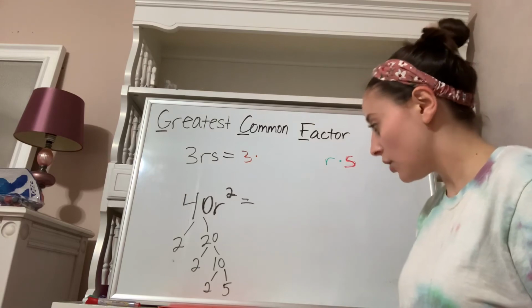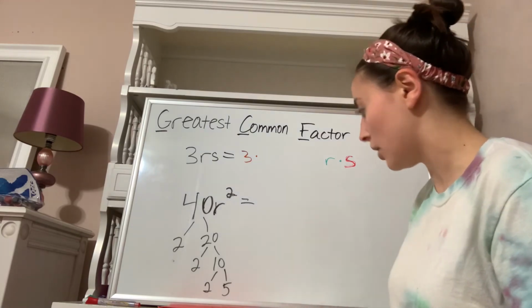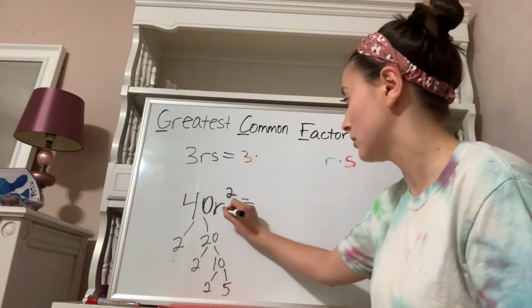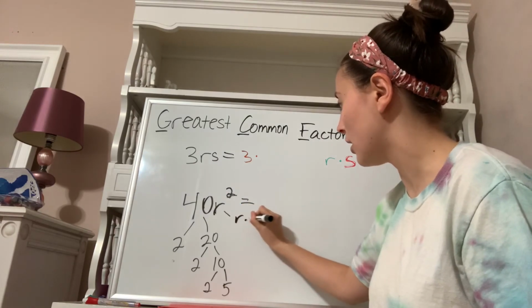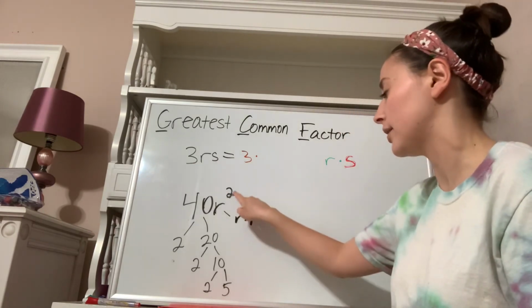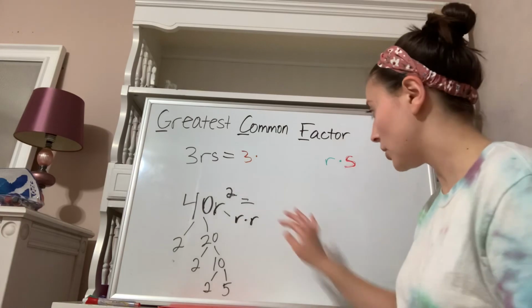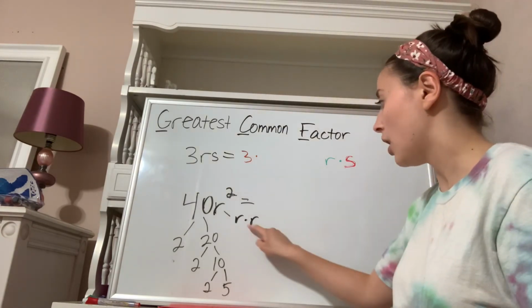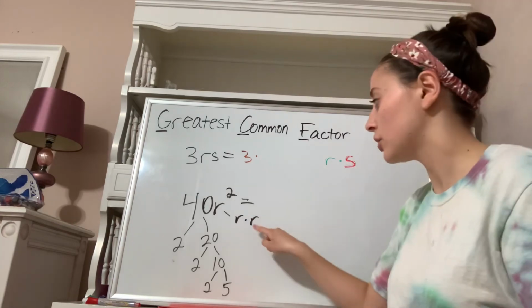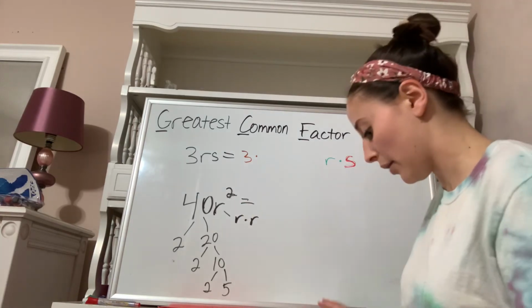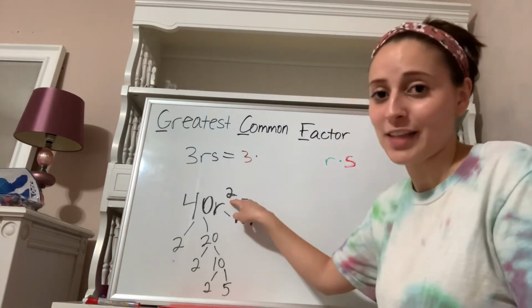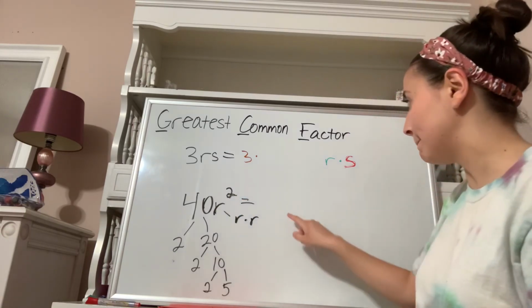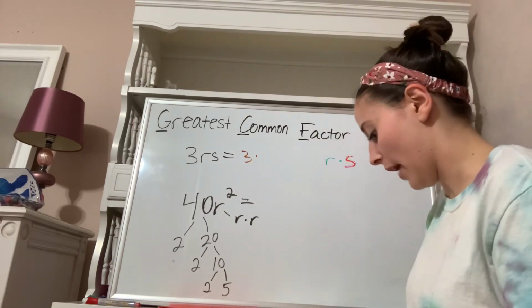So then when we go to write this out, remember, R squared is actually R times R. So when we go to write this out of all of its smallest factors, R is actually one factor, so there's actually 2 factors in R squared. That's why it's an exponent of 2. So let's write all of the factors out.